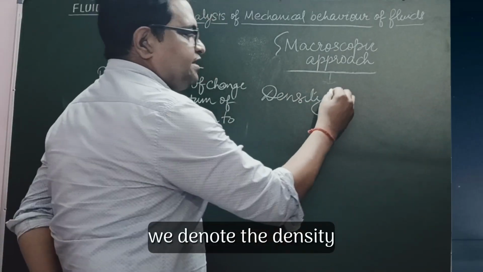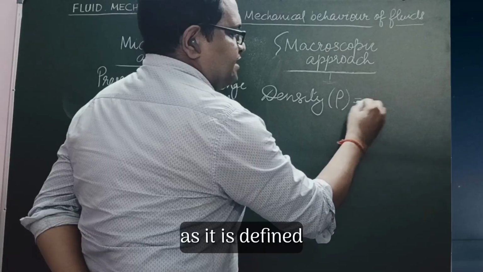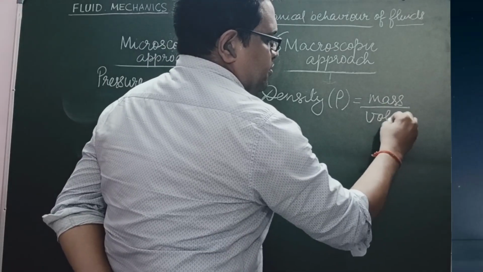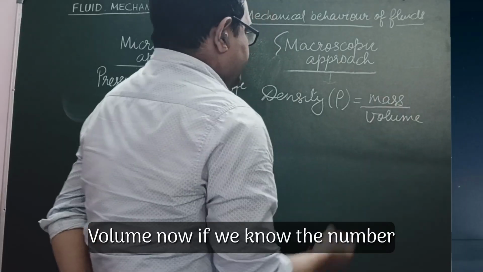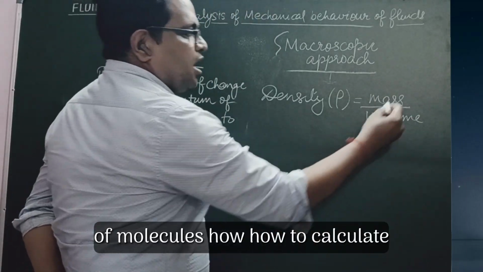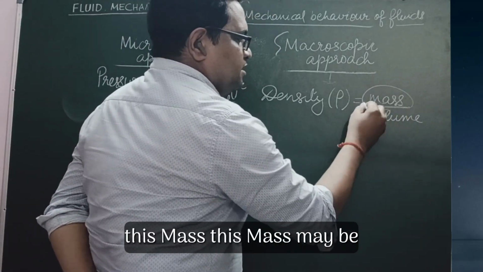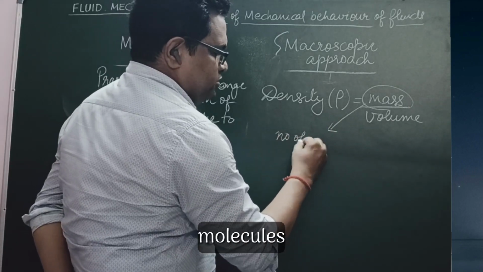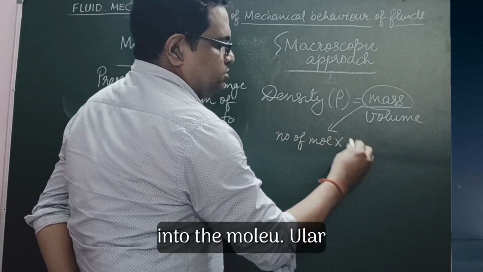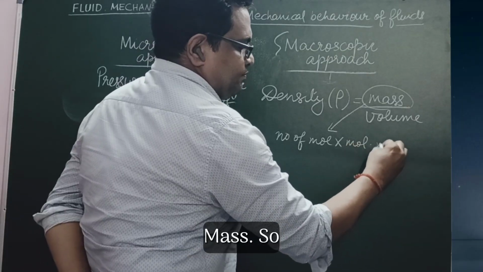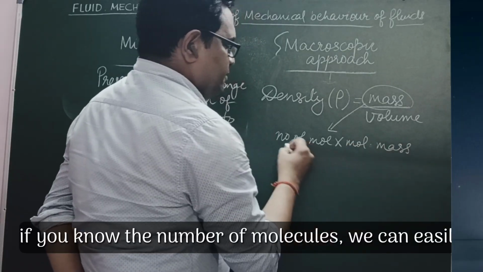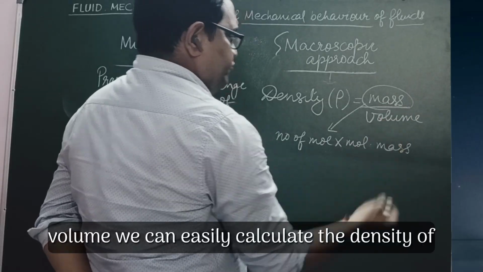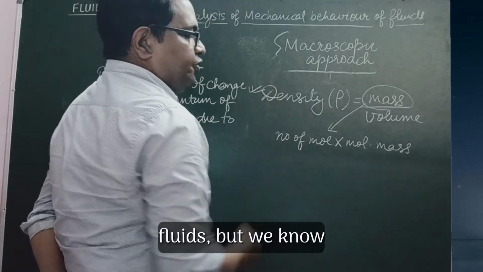We denote density as rho. Now, if we know the number of molecules, how to calculate this mass? This mass may be calculated by the number of molecules times the molecular mass. So if we know the number of molecules, we can easily calculate mass, and for a given volume, we can easily calculate the density of the fluid.